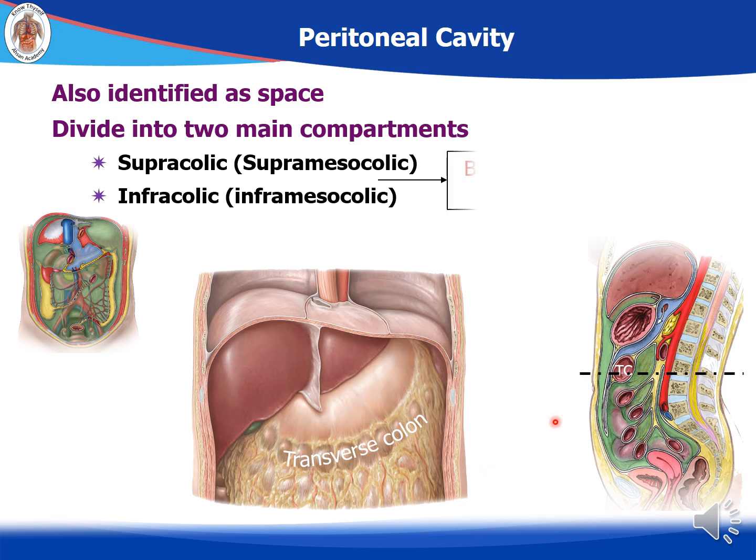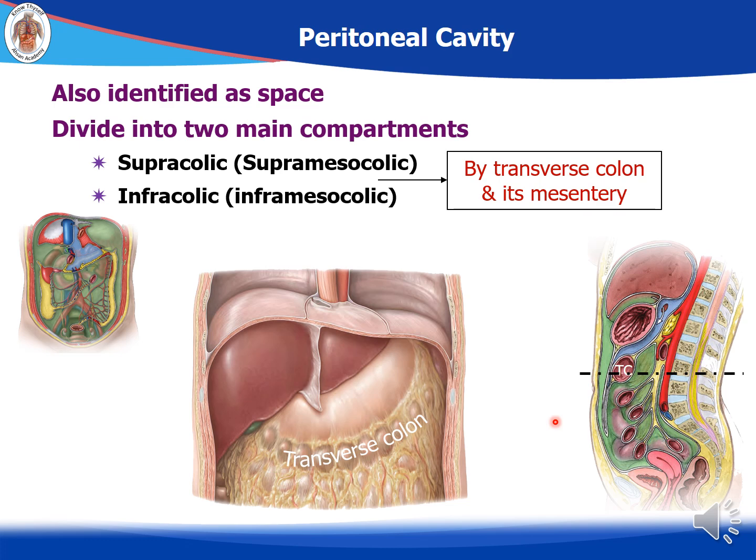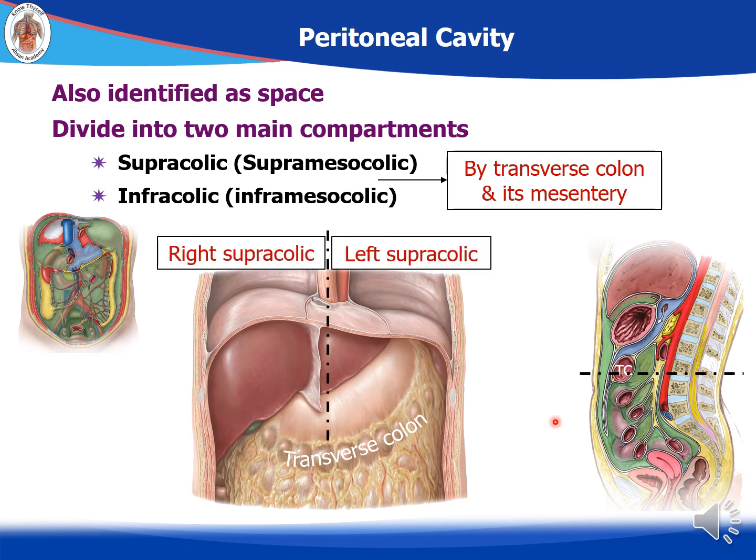This is the line of demarcation, meaning the transverse colon and its mesentery is the line of demarcation. Let us see the further division. If we draw a midline, the right side of the supracolic region is one part, and the left side of the supracolic region is the other part.